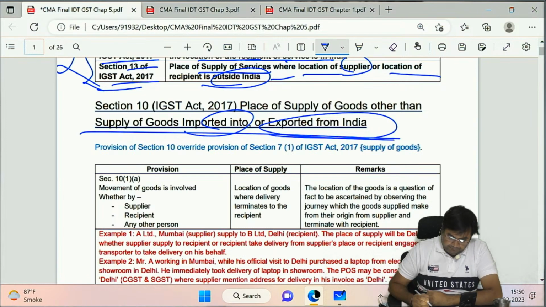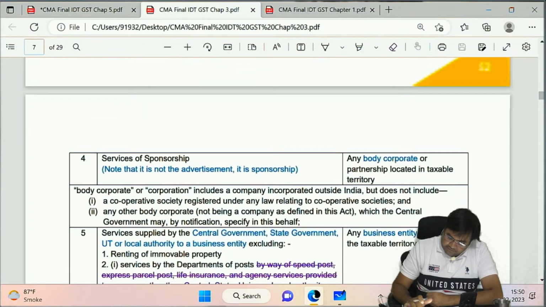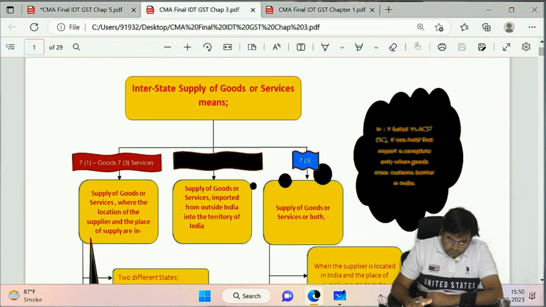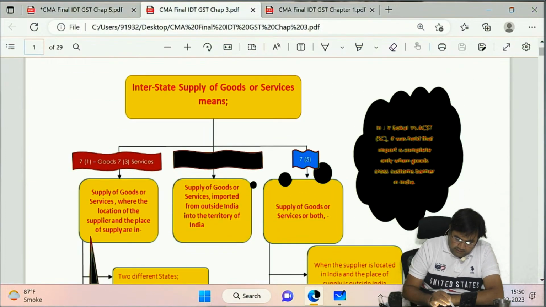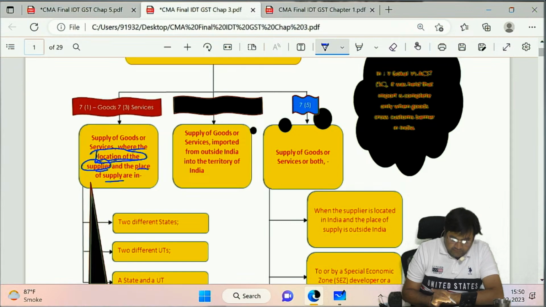Now remember, in chapter 3, when we discussed interstate or intrastate, what do we need to see? We need to see the location of the supplier and the place of supply to determine interstate supply of goods or services. So that's why I asked you the question, what is going to be the definition of location of the supplier of goods? But it is not defined.